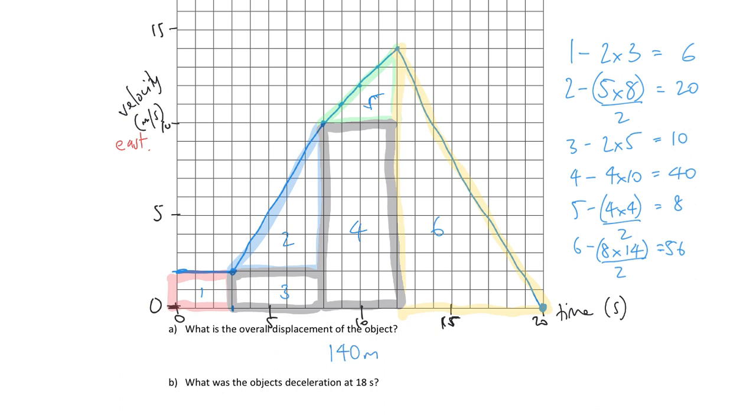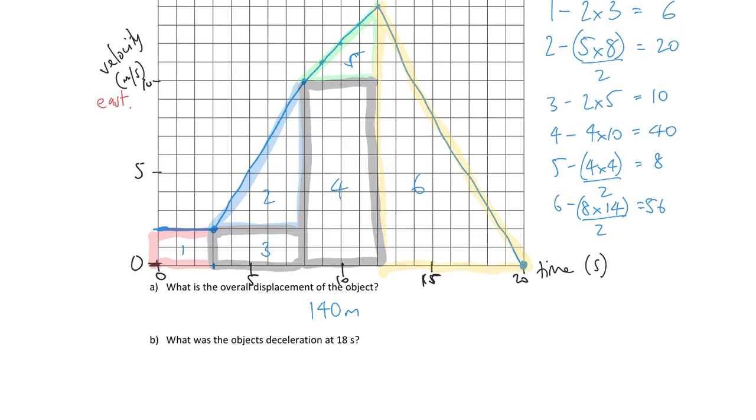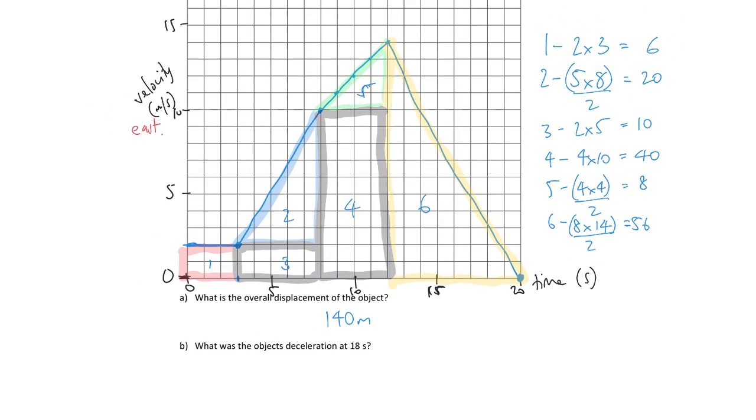And what's the deceleration at 18 seconds? Deceleration is the change in velocity. At 18 seconds, which is over here, it's decelerating at a constant rate, from here all the way to there. So if it's decelerating at a constant rate, we can work out its deceleration over that entire time.